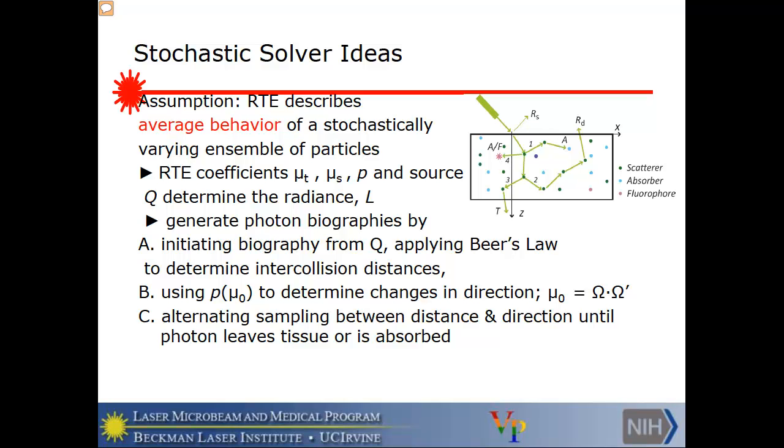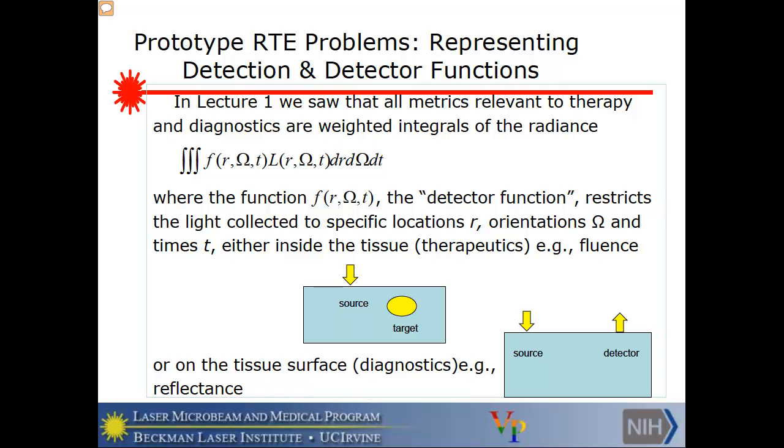You sample again another distance from the same distribution, you sample another direction, and you continue until the photon either leaves the tissue of interest or it's absorbed. And that would be a kind of a conventional simulation. Just do the physics. Just follow it as faithfully as you can. But it's not the only way to solve the RTE equation, as we'll see in a moment.